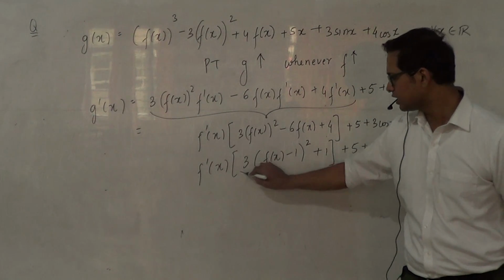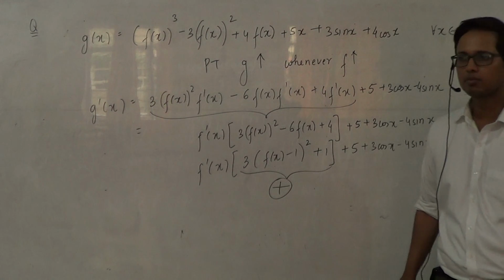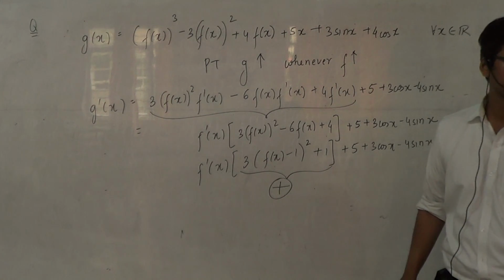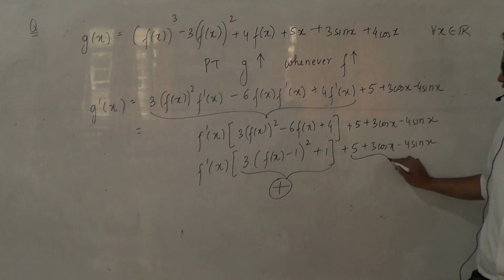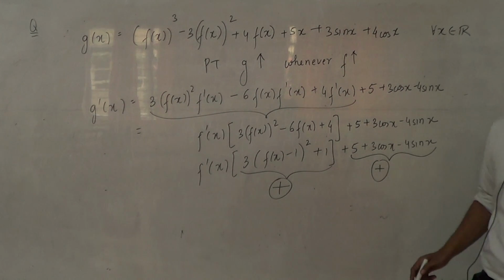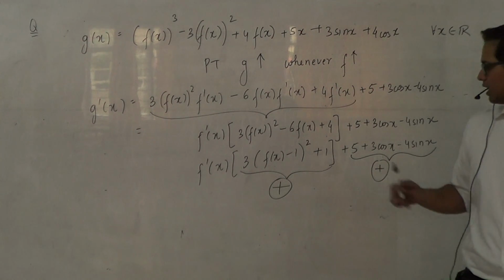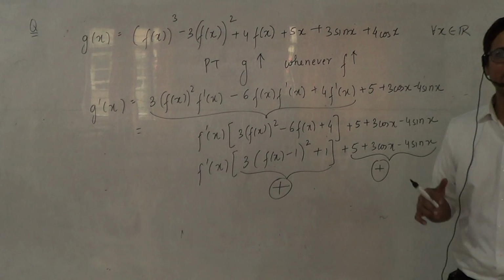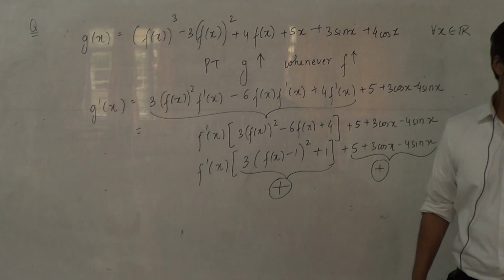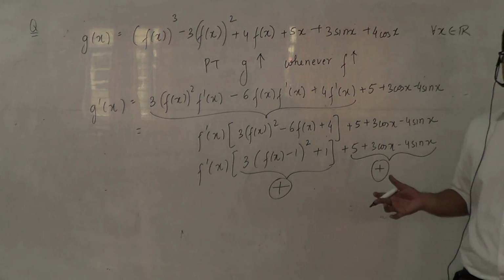Now, do you see that this term will always be positive? Do you also realize that this term will also be positive? The reason being 3 cos x minus 4 sin x can have a minimum value of minus 5, and 5 is already there to take care of that minus 5. So it can be positive or minimum 0 it can be.